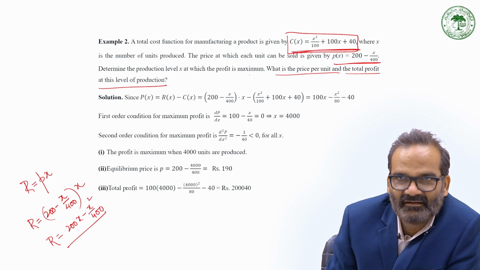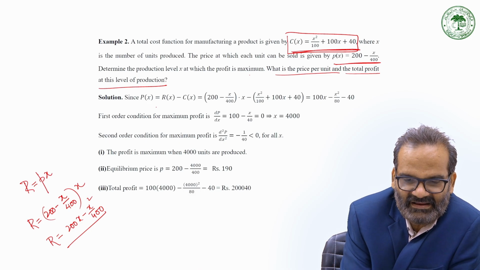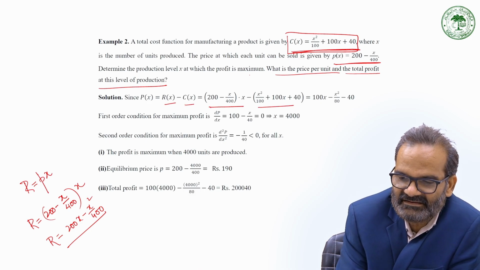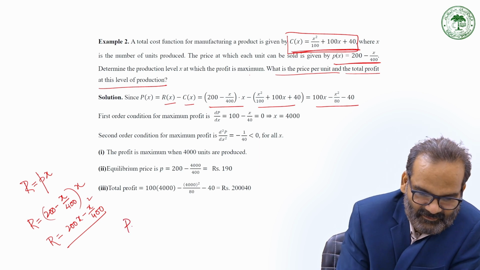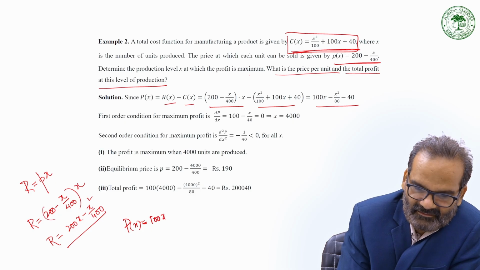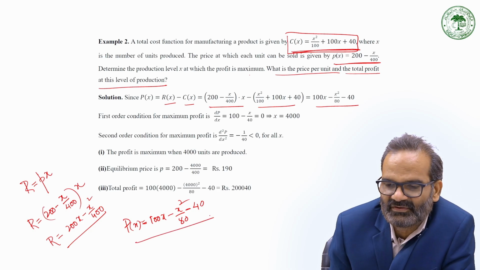This is our revenue. So P(x) is equal to R(x) minus C(x). R(x) is this, C(x) is this, and the difference of these two is this. So P(x) is coming out to be what? 100x minus x square by 80 minus 40. This is our original profit function.